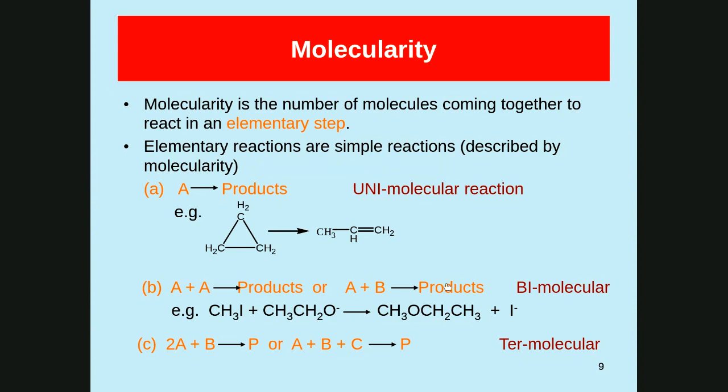These are bimolecular processes. Like this iodomethane with acetate, a solution reaction here, right? So this is an example of an A plus B type reaction.